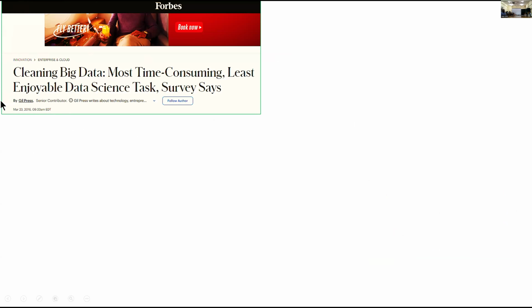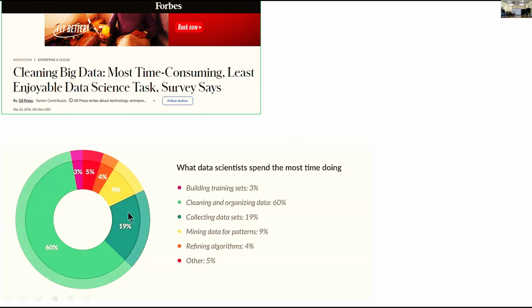So let's see. This is a nice paper which I found. It was published in 2016 in Forbes. So, of all the steps which I took so far, what do you think data scientists, meaning doctors and statisticians and everybody, where do we spend maximum time? So, let's say collecting data sets, the dark green, is only 19% of time.